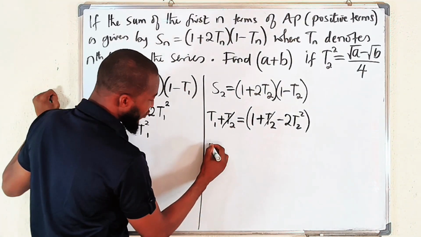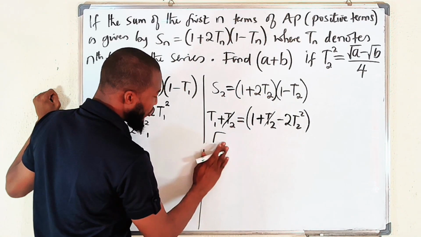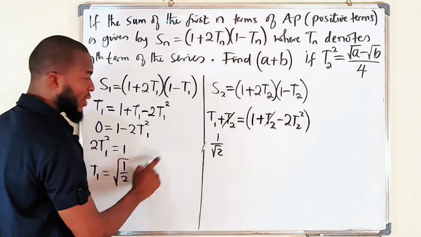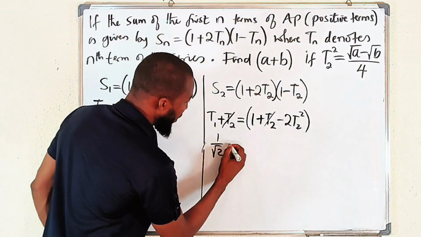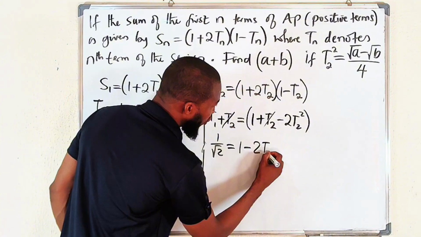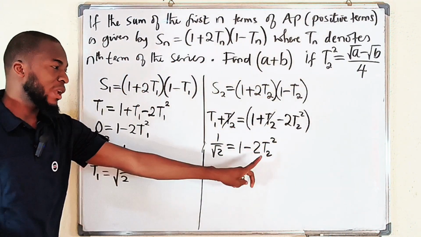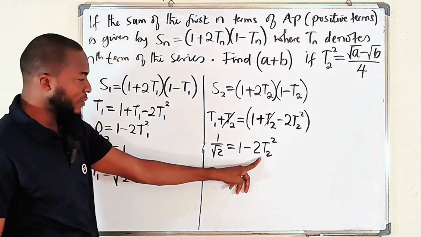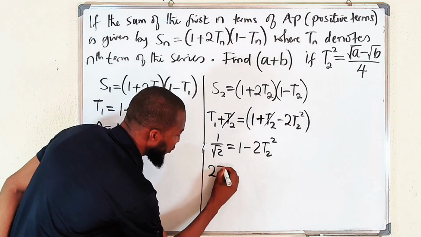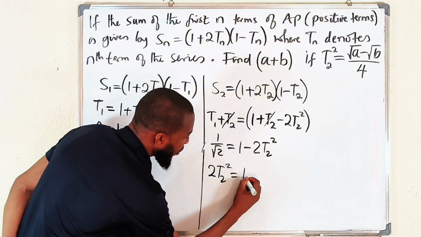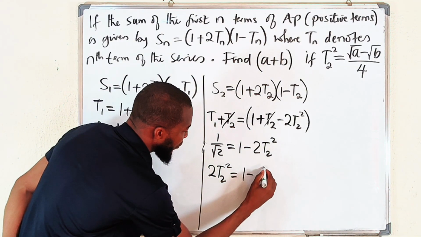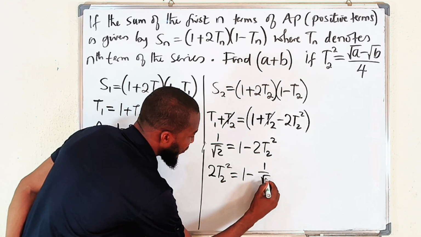And if you subtract t2 on both sides, you can see that this and this will cancel, definitely. But we have the square root of, let me just write it as 1 over the square root of 2, because the square root of 1 is 1. This is equal to 1 minus 2t2 squared. I would like to make this the subject. You can switch this and that, so we have 2t2 squared equal to 1 minus 1 divided by the square root of 2.